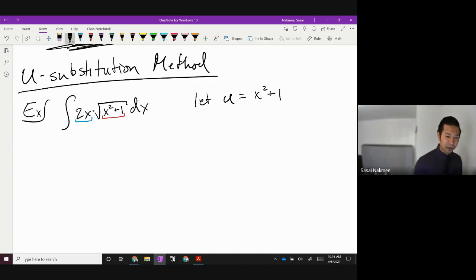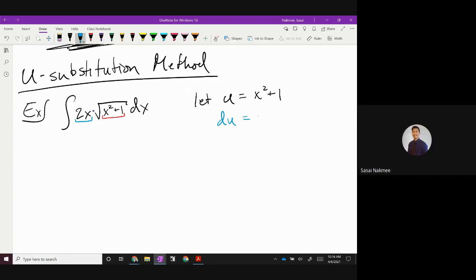But check this out. If I take the derivative of this with respect to x, or if I take the derivative of both sides, I end up with this thing called a differential equation, right? The derivative of U is going to be du, okay? And this is going to be equal to the derivative of x squared, which is 2x, and this will be dx.